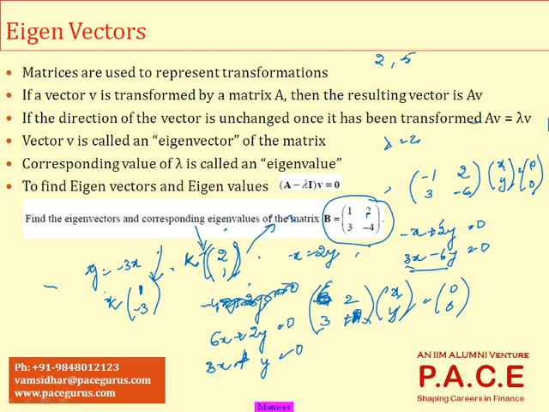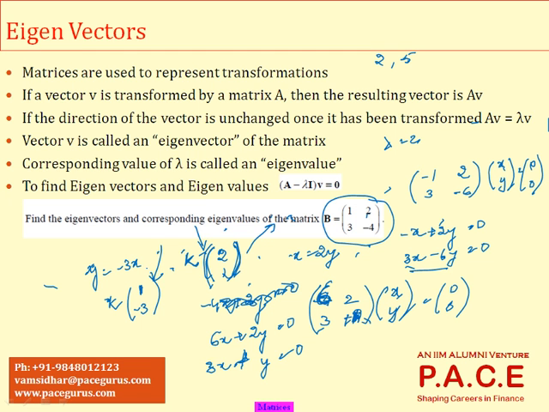The vector for the first case is (2, 1). So any vectors of the form (2, 1) and (1, minus 3) are all called the eigenvectors of this matrix. Any matrix given, I should be comfortable finding the eigenvalues as well as the eigenvectors. Eigenvalues are scalar quantities, the values of lambda.